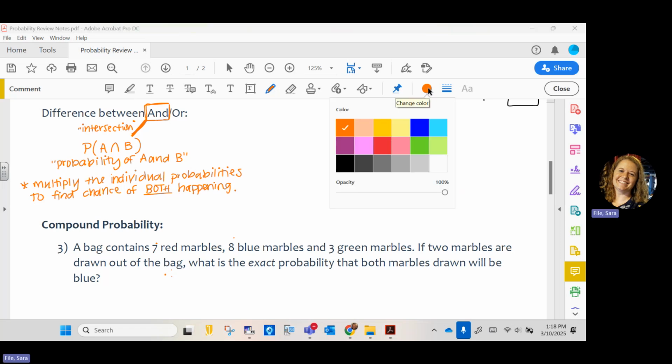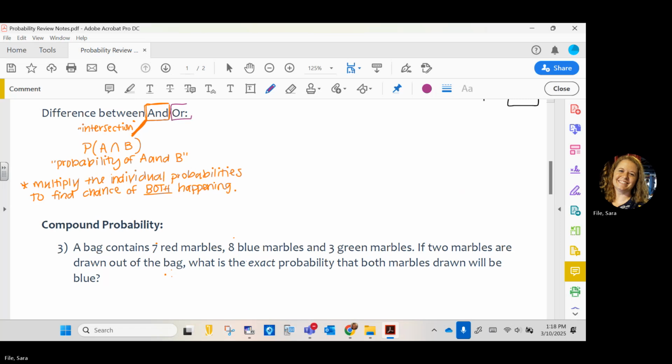Now, or. The probability notation for or looks like this: the probability of A union B. That symbol is called a union, and this would be read as the probability of A or B. Now, if you've got two separate, independent events happening, you would find the probability of each of them.